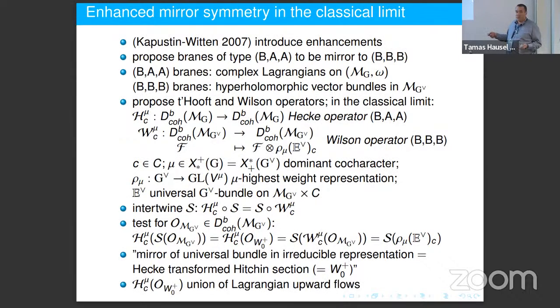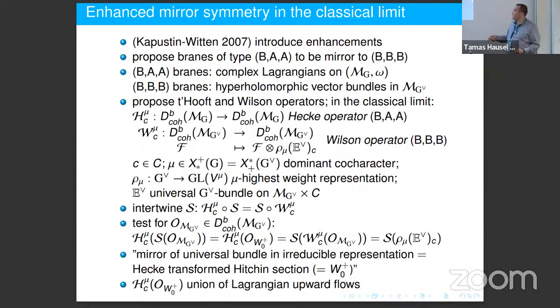And this is what we are going to study now in some of the simplest cases: how to determine the Hecke transformation of the Hitchin section. For now, let me just mention that this is always going to be at least supported on a finite union of Lagrangian upward flows.